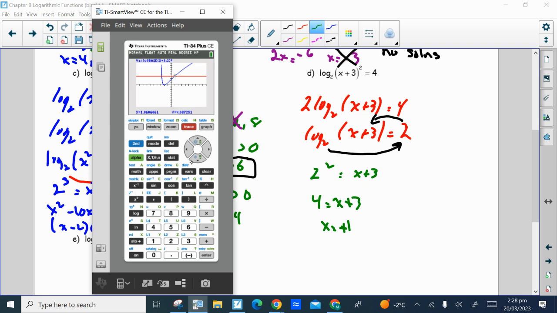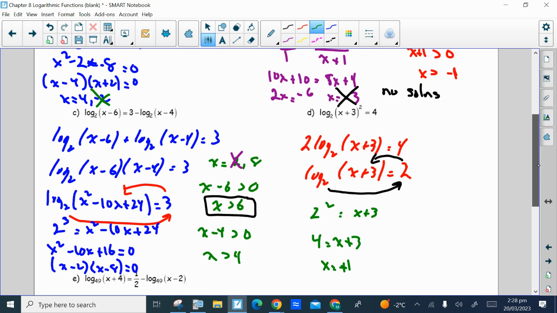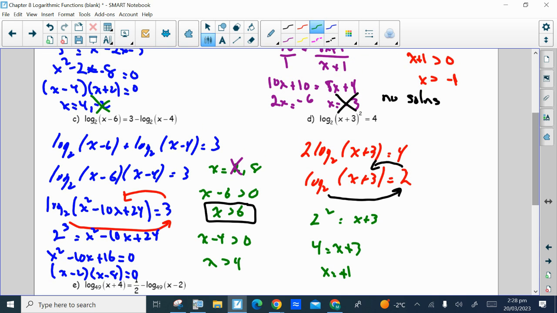So if I go into the trace mode and I'm on the log function, it looks like it's going to cross there, but again, when I check it, this will come from our restriction. In this case, you have a non-permissible value of negative 3 only, because x plus 3 is all squared, so it'll never be negative. But you can't take the log of 0.